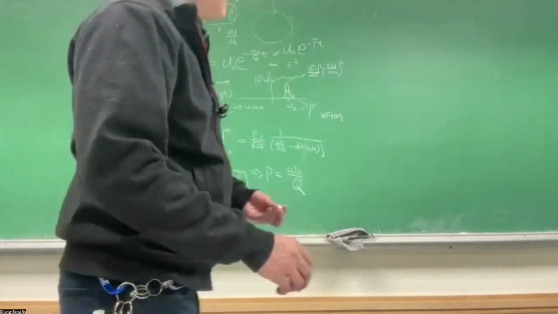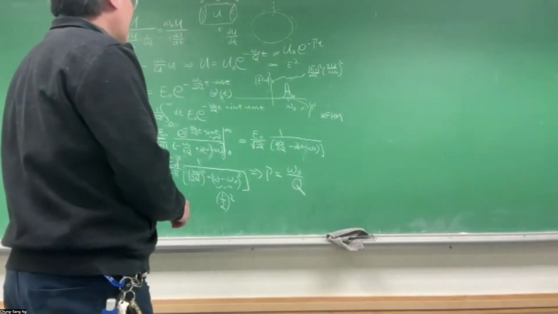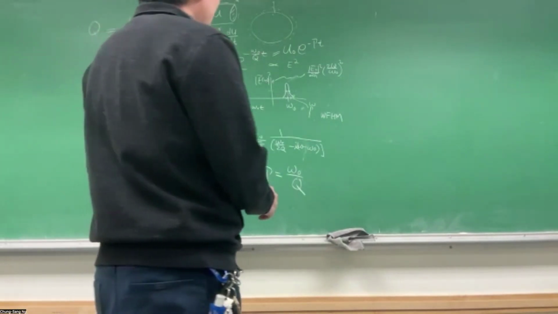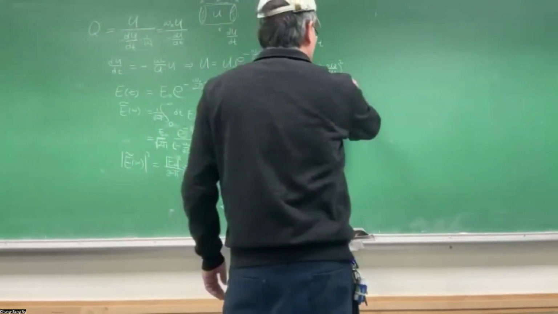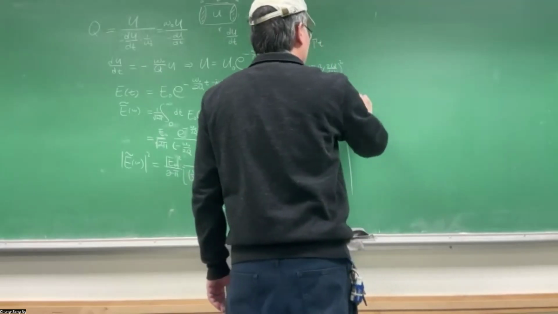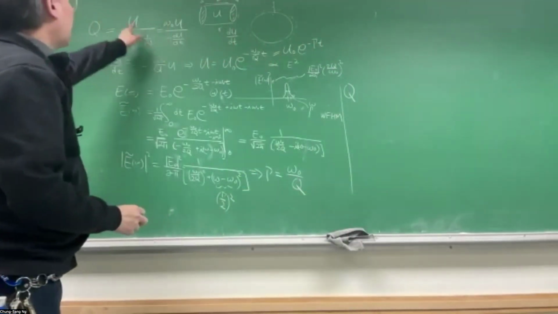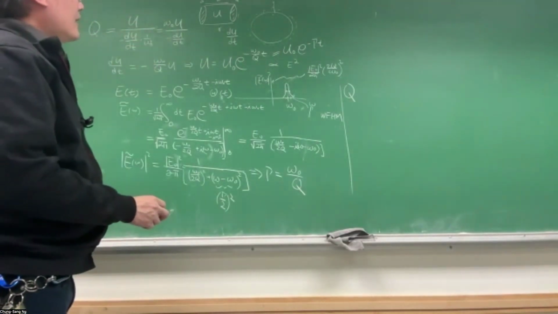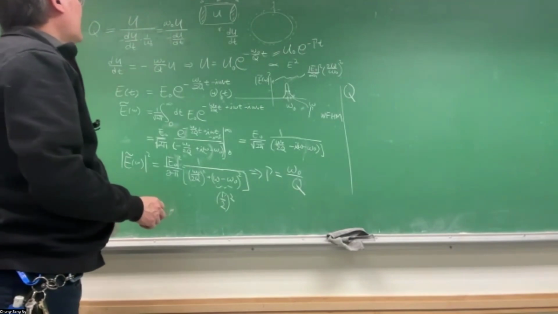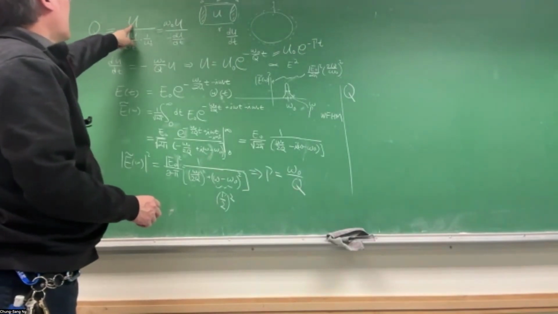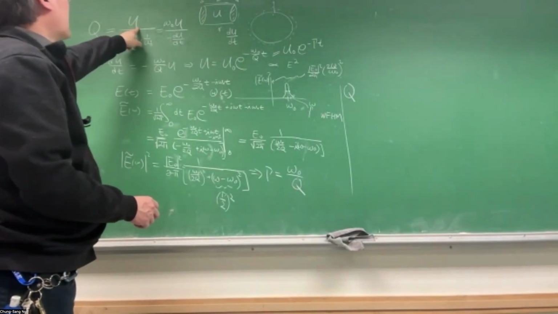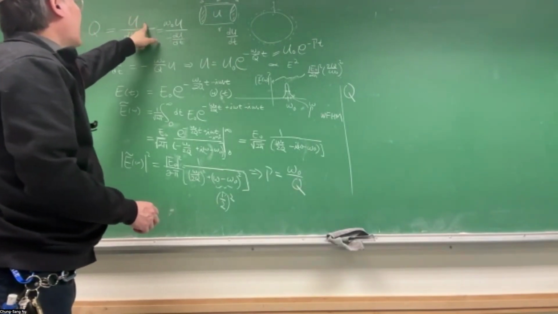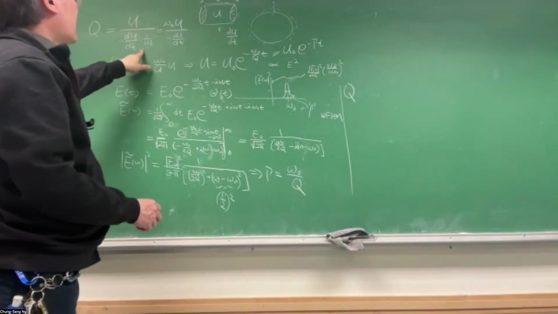Okay, but there's one thing that we can finally talk about. It's just the general dependency of Q. So Q is a dimensionless number because we defined it in a way that is dimensionless, and ultimately it depends on the ratio between the energy content and the energy loss.